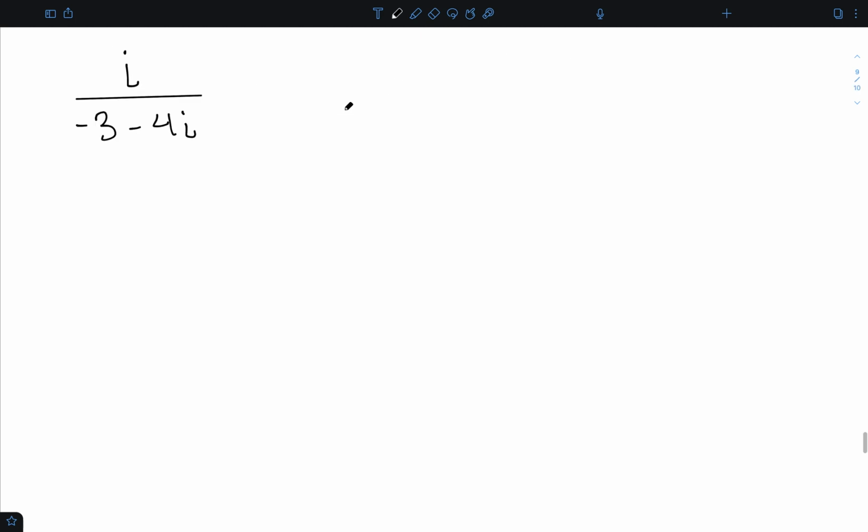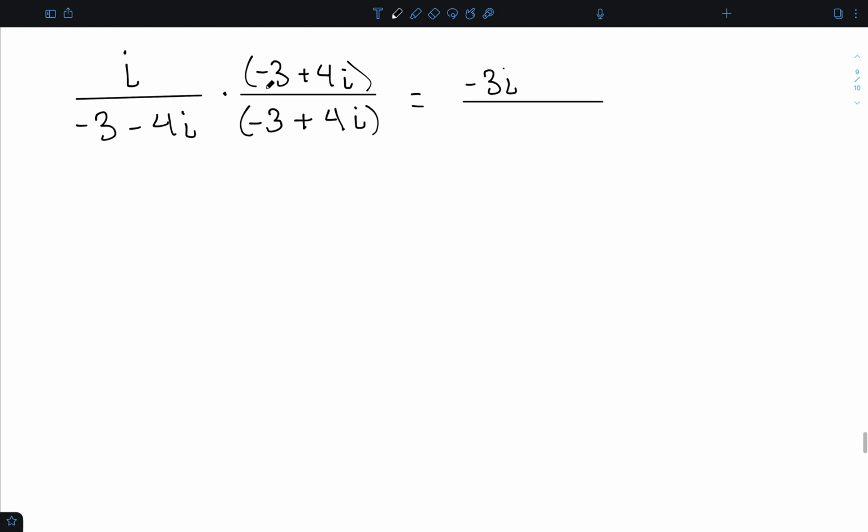Now let's look at i over -3 minus 4i. The conjugate of the denominator changes the sign of the imaginary part, so we have -3 plus 4i. And then we do the same thing on the top since we want to multiply by 1. For the top, I have i times -3, that's minus 3i.